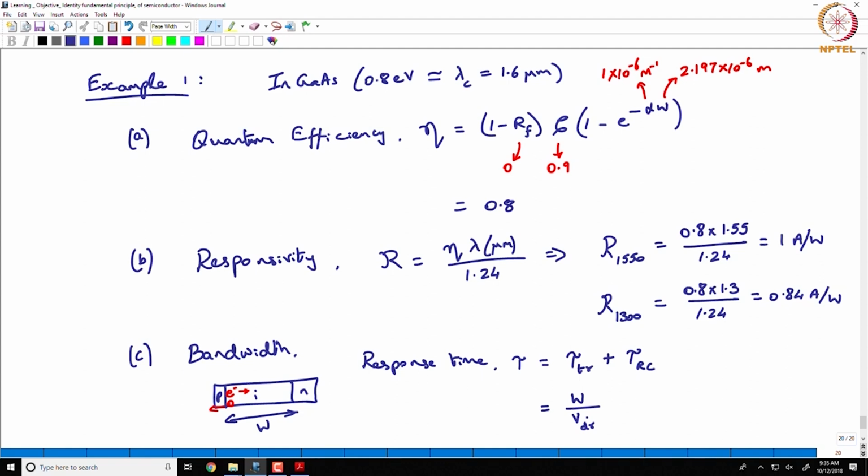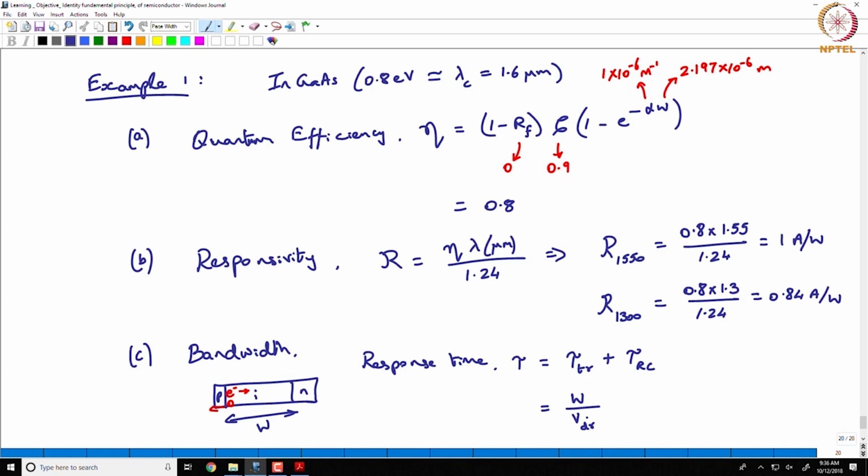If the external electric field is 0, then V_dr becomes the diffusion velocity. So, if there is no external bias applied, then that velocity will be the diffusion velocity. Okay.